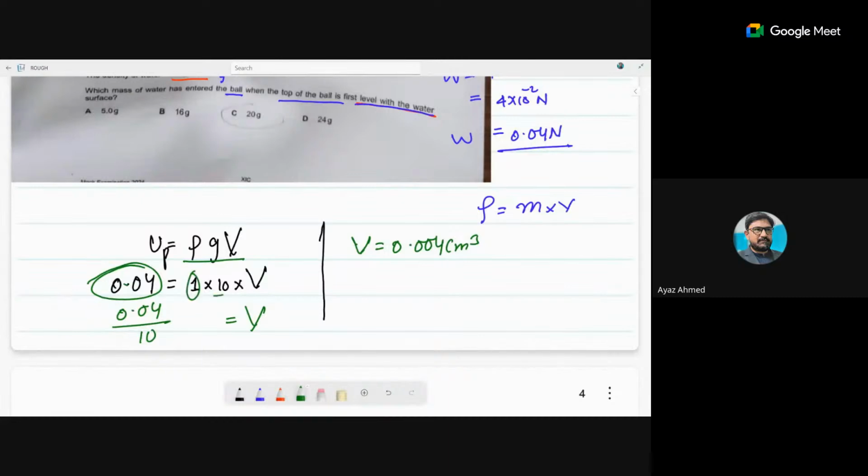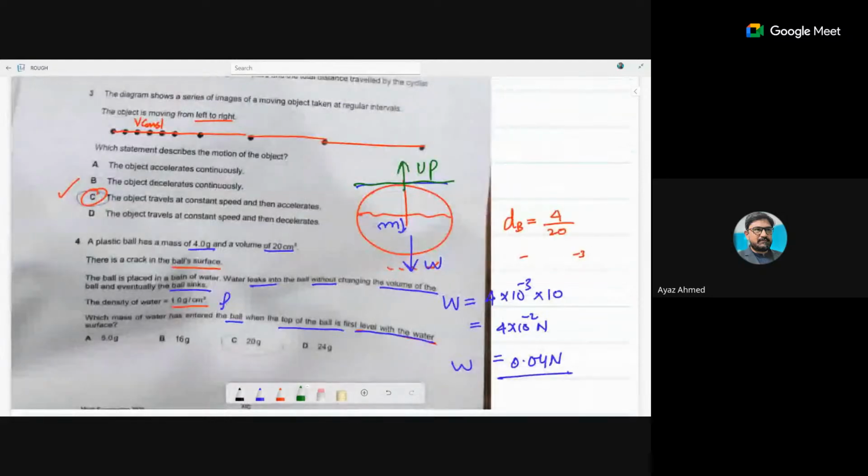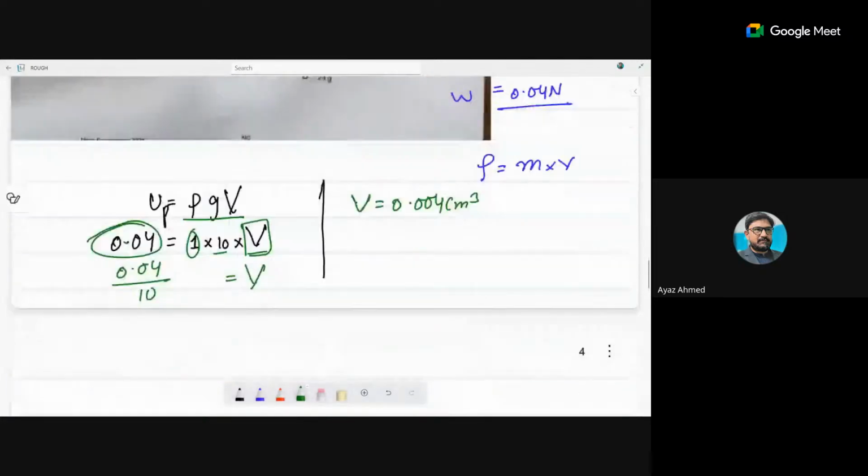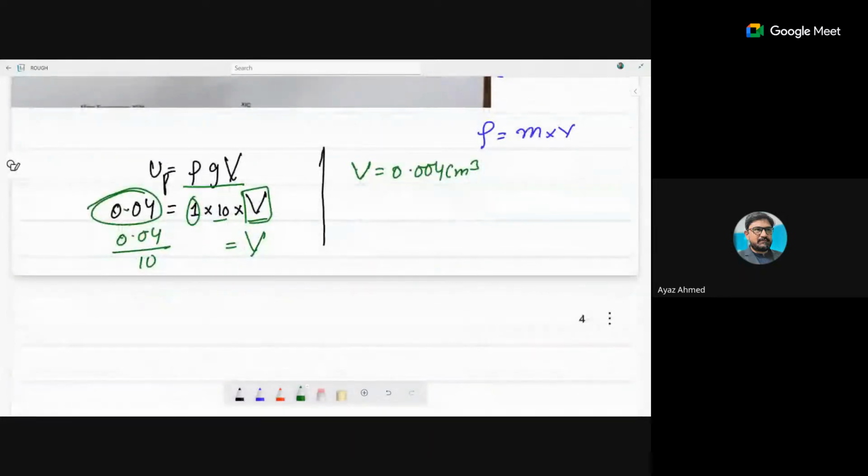If I want to know how much volume has entered the ball, here we cannot claim that it would be completely filled with water. That's why I calculate the water entered inside which made this ball sink down. That is my logic: I want to calculate the volume first, the volume of the water which has entered there.